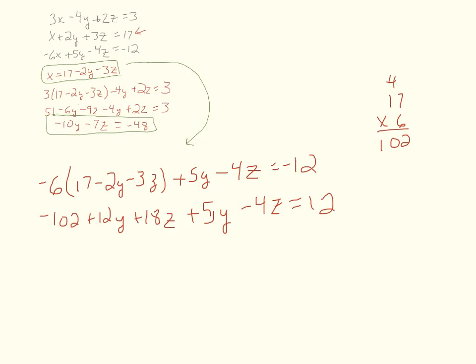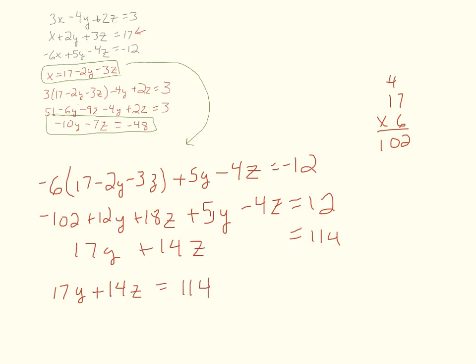If I take the 102 to the other side, I'd have 114 it looks like. So I end up with 114 here. And 12 and 5 is 17y. 18 and 4 is 14z equals 114. So now I have 17y plus 14z equals 114.